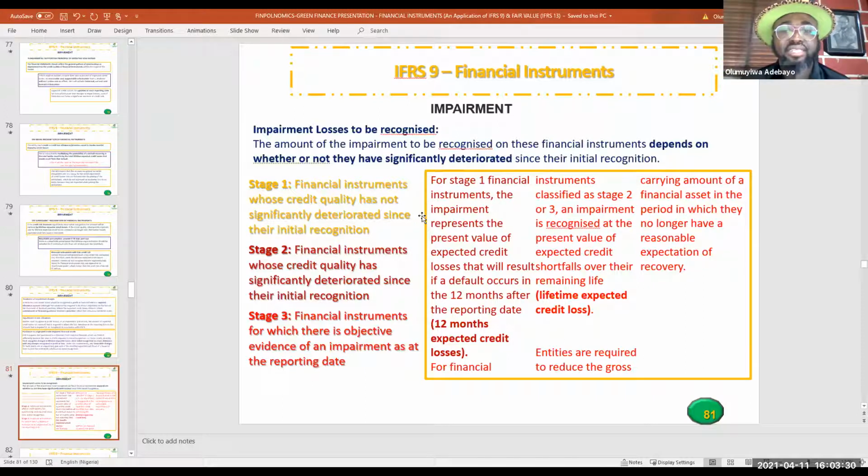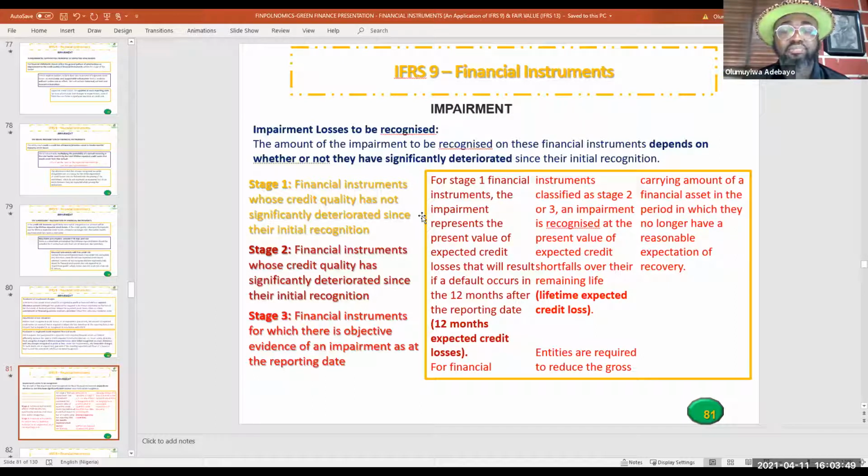Every financial asset at origination is automatically defaulted to stage 1, except for credit impaired financial assets at initial recognition.